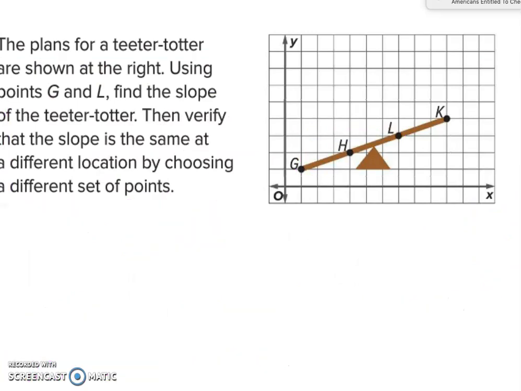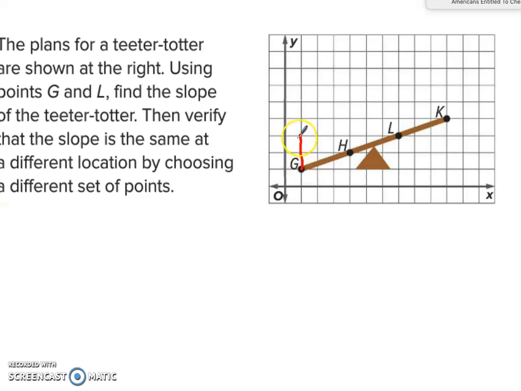Okay, so the plans for a teeter-totter are shown at the right using points G and L. Find the slope of the teeter-totter and then verify that the slope is the same at different locations by choosing a different set of points. Okay, so let's do it.